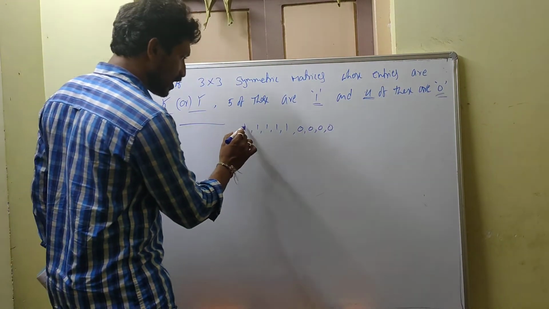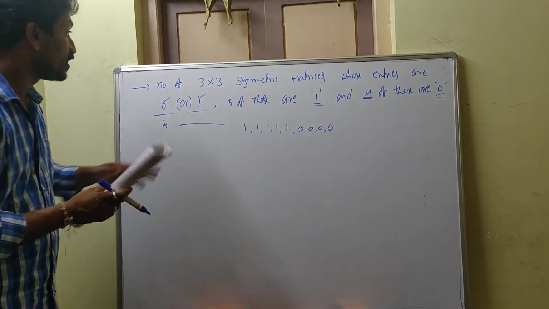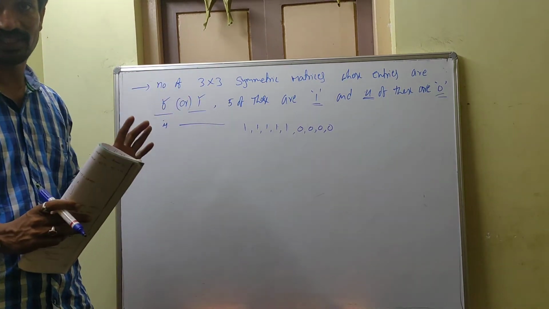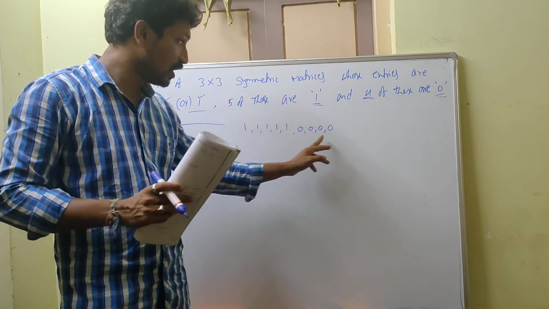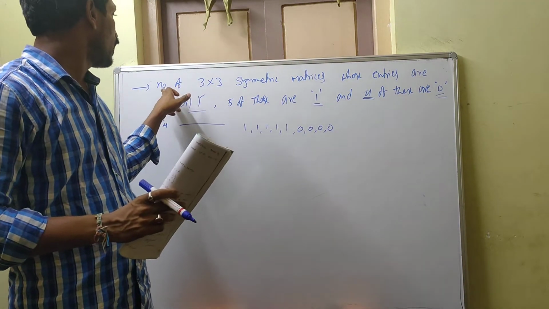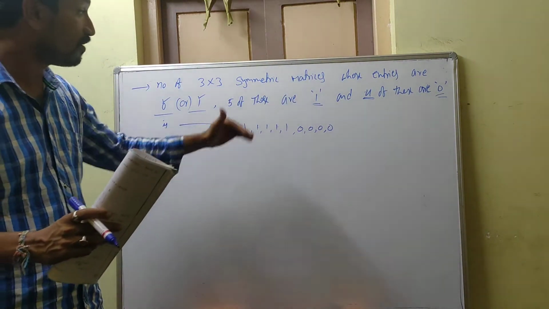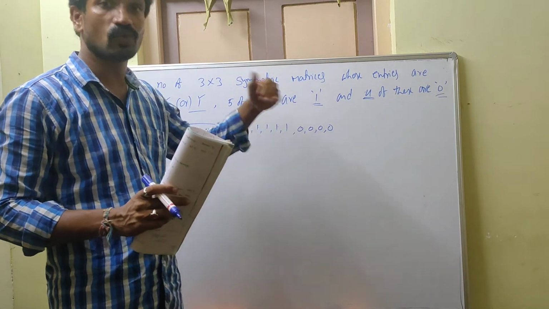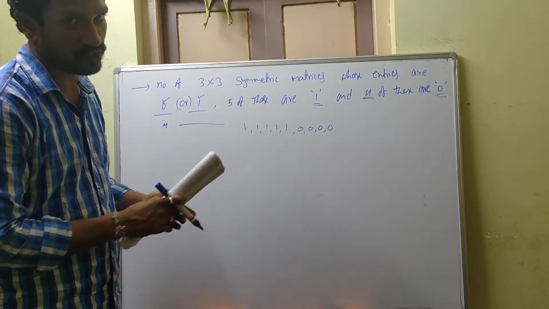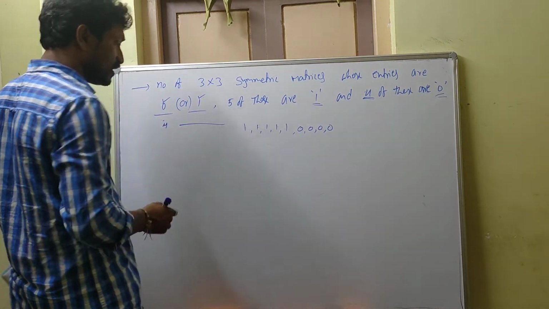So with these 9 entries, 1, 2, 3, 4, 5, 6, 7, 8, 9. Why are they given 9 entries? In a 3 by 3 matrix, the total number of entries is 3 into 3, that is 9 entries. So by using these 9 entries, find the number of different symmetric matrices. How many different ways can we fill these 9 entries to get a symmetric matrix? That many different symmetric matrices you can find. Okay? See here.